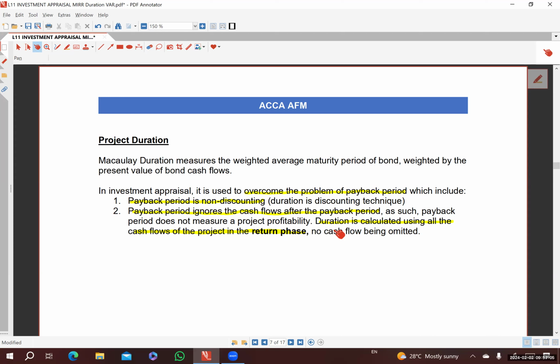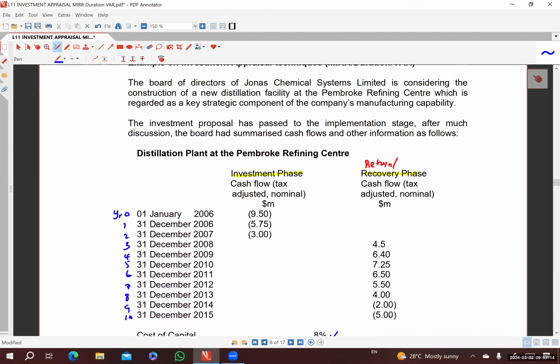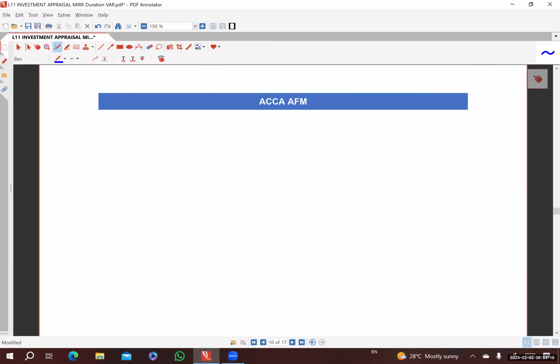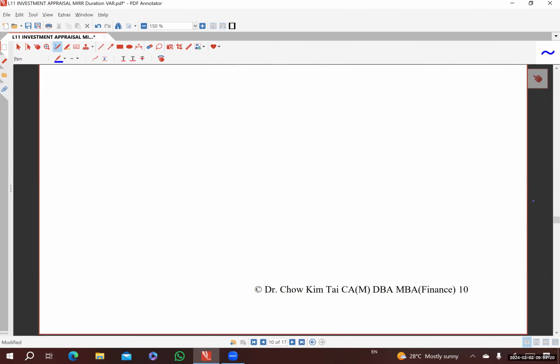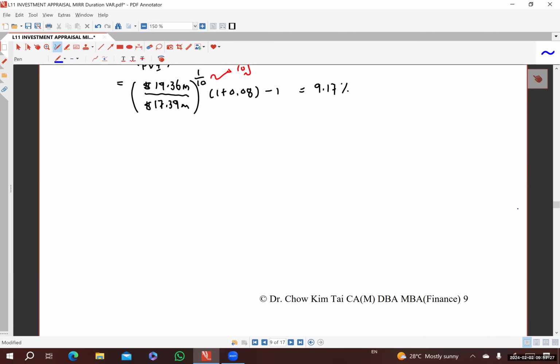So therefore, if we apply to this same question, let's work out the duration. We apply to the same cash flow here, and work out the project's recovery duration.